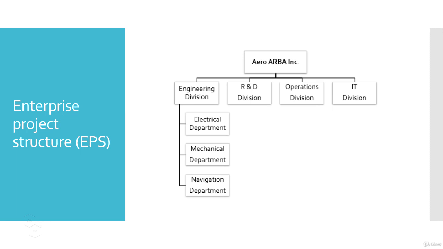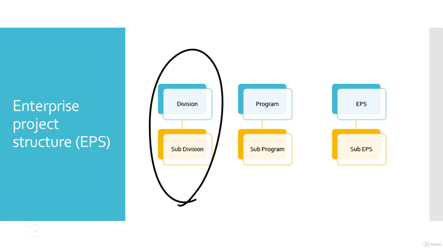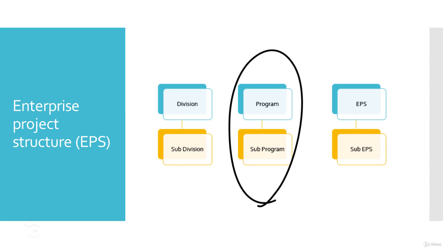Now, from all this discussion, the key point to remember here is that every division can be divided and classified into subdivisions. I mean, under a program, we can further classify and have many subprograms as required by our project requirements.